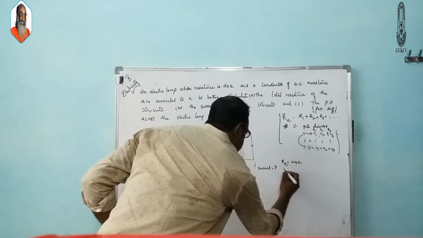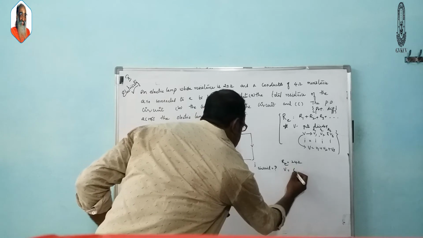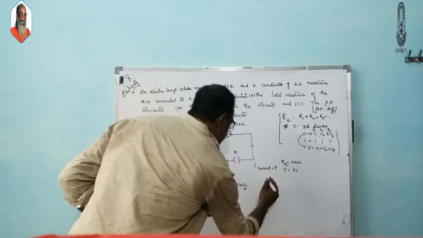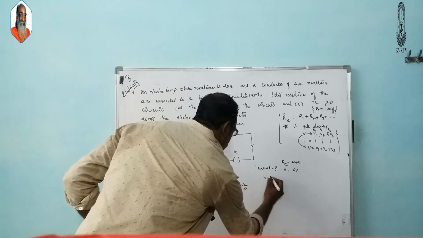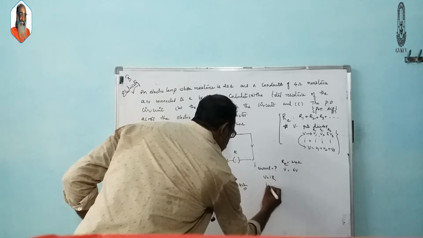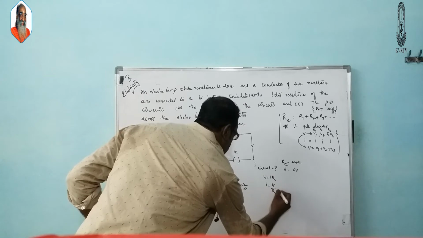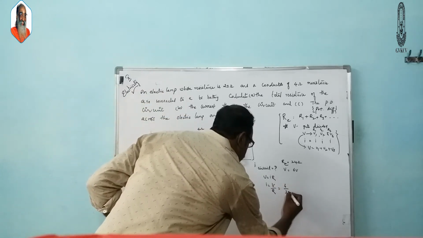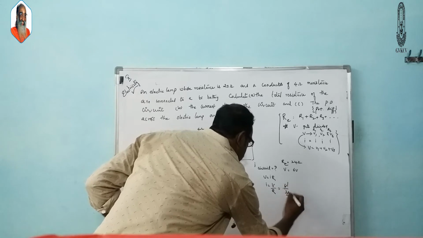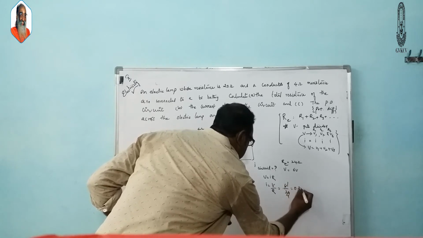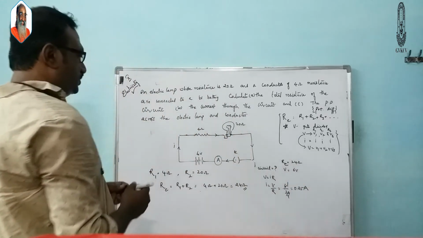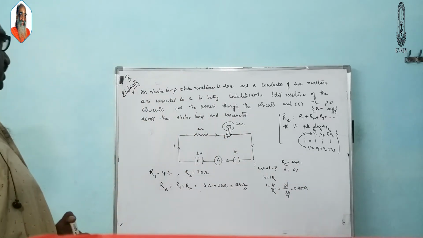What is the potential difference applied there? It is 6 volt. So now we have I, R, V. We can apply Ohm's law. V is equal to IR. I is equal to V by R. So what is V here? It is 6 and resistance is 24, so it is 0.25. We are finding the current, so it will be in ampere. So that is the current in the circuit.